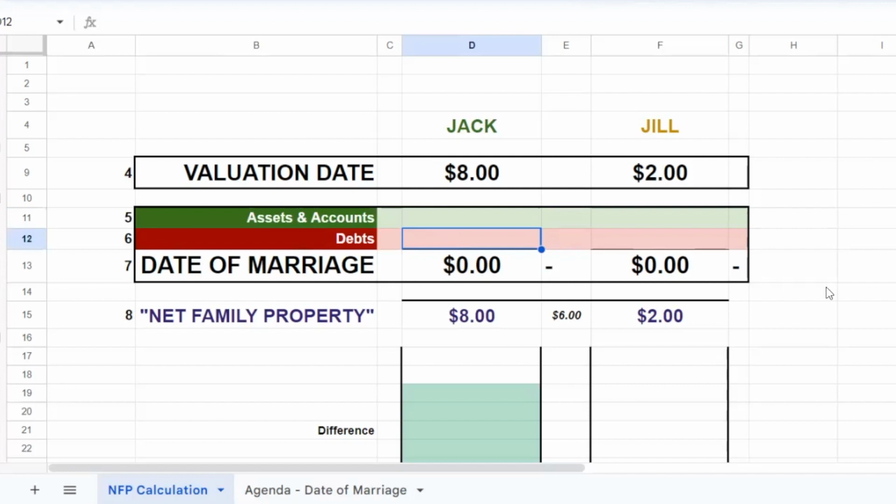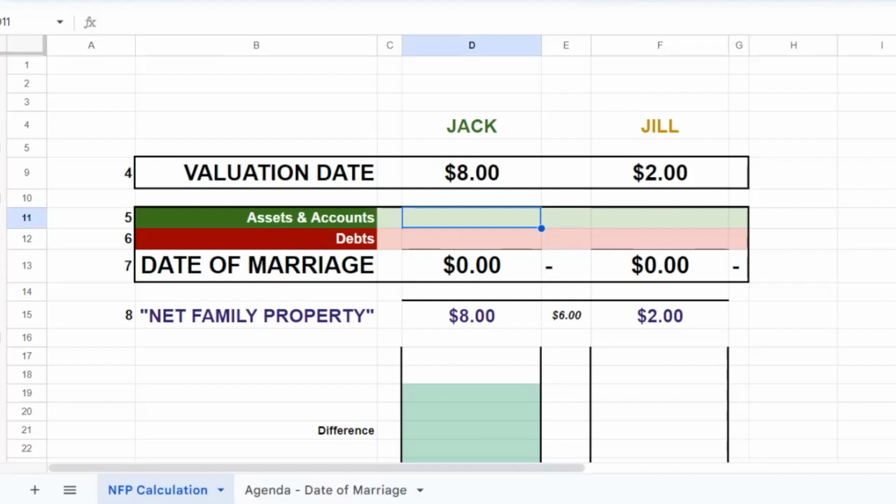Before I talk about the complications, let's just quickly talk about the calculation itself. If I can make Jack's assets on the date of marriage go up, then his liability goes down.